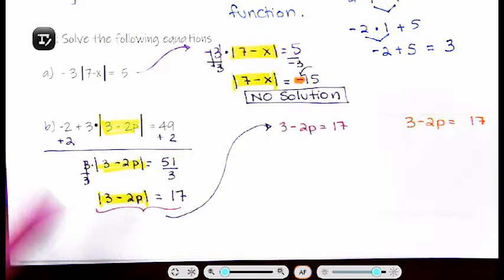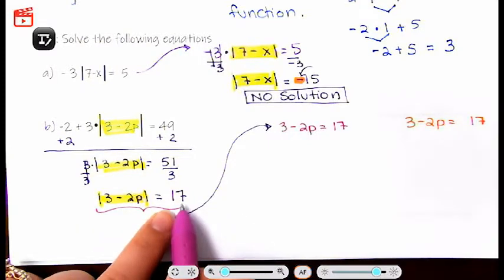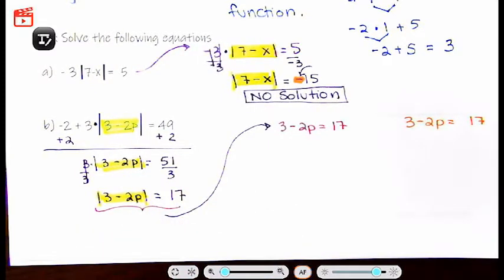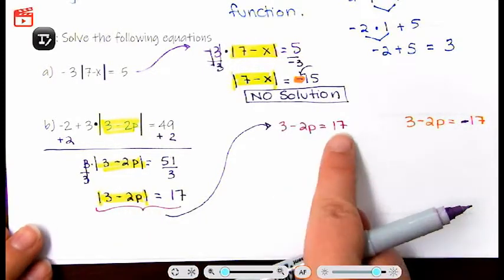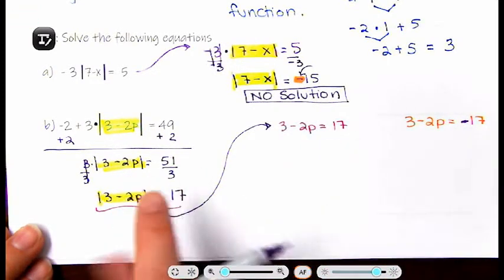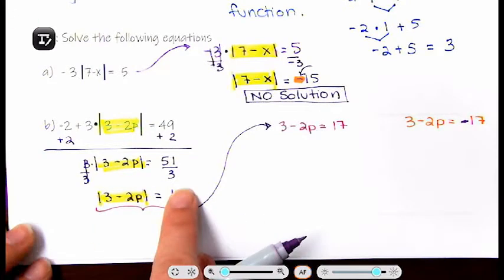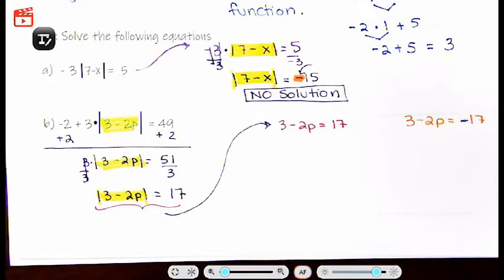One of them is the original, in this case 17. One of them is the opposite. So one of them is positive, one of them is negative. You can do a positive and negative in this step because you've already checked that this absolute value is equal to a positive. We just need to solve for p now.